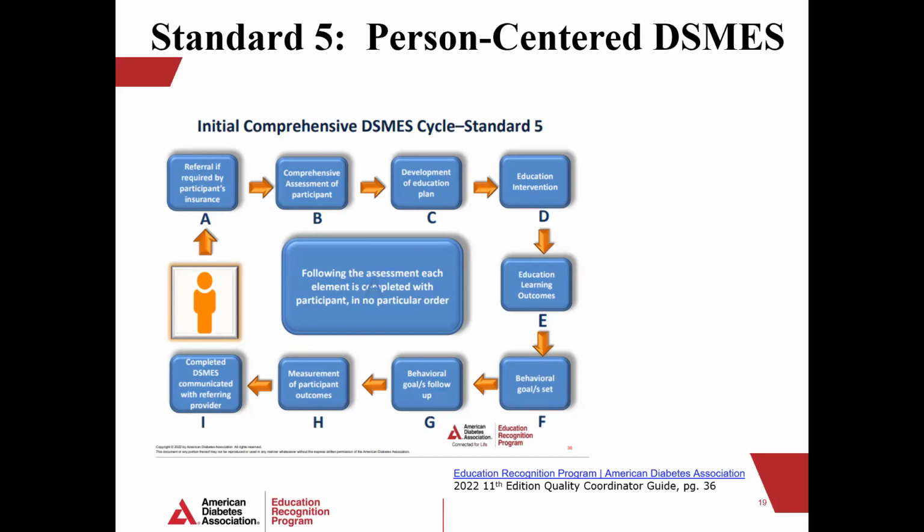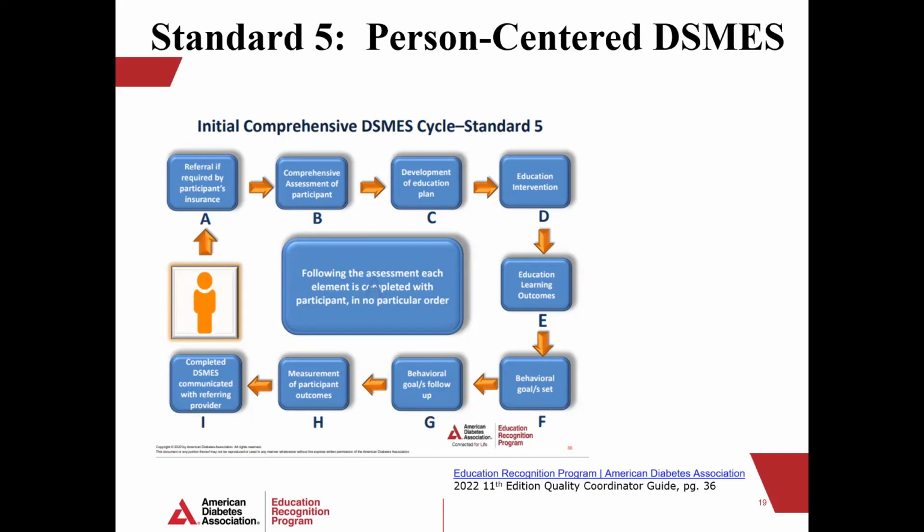We actually use this as an audit tool. So each of our DSMES diabetes care and education specialists audit at least one DSMES record. They also audit an M&T record annually, using this DSMES cycle.